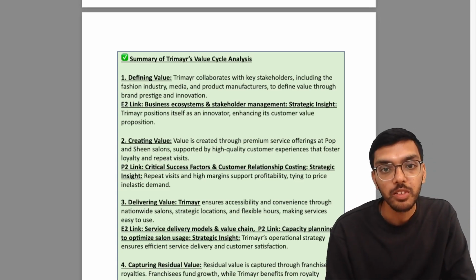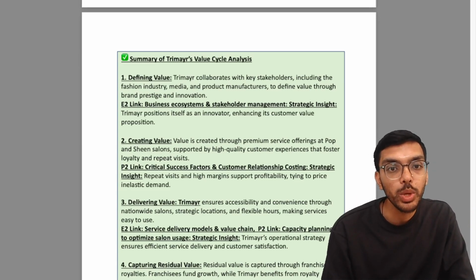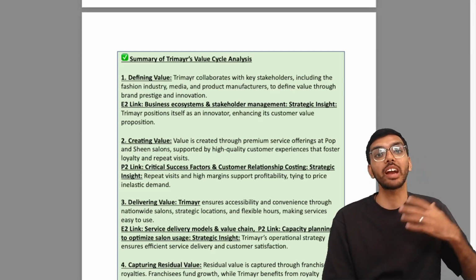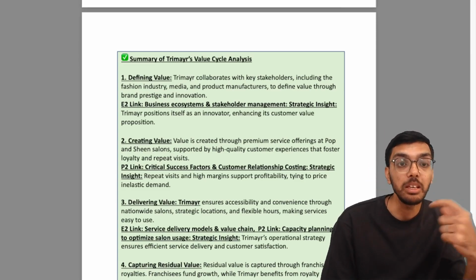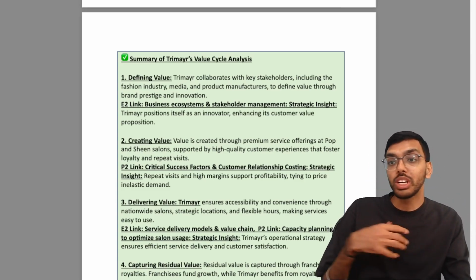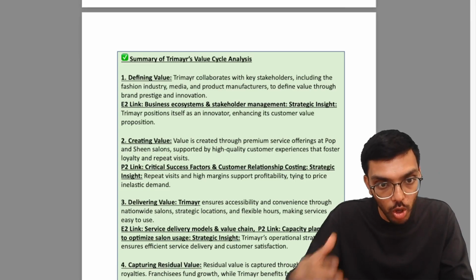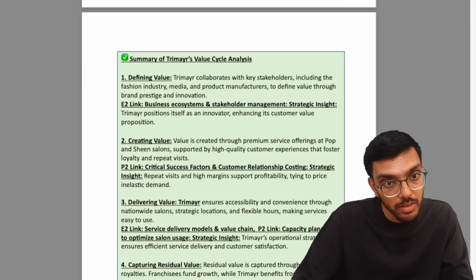Trimayr collaborates with key stakeholders, including the fashion industry, media, and product manufacturers, to define value through brand prestige and innovation. So over here, we are learning about stakeholder management as an important aspect to define value. The right word is define value.